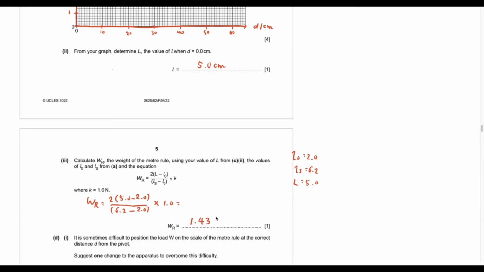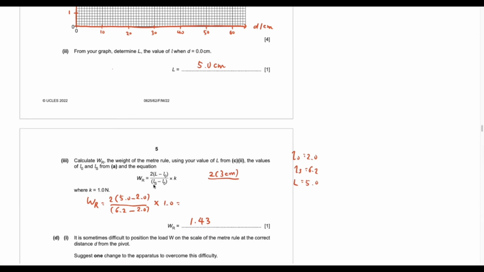1.43. And you have to put the unit. Must put unit. Without unit, you get 0 marks. So how to find out the unit? Imagine in this way: length minus length. Imagine 5 meter minus 2 meter... oh no, this is not meter, this is cm. So 5 cm minus 2 cm is 3 cm. So imagine you have 2 times 3 cm.